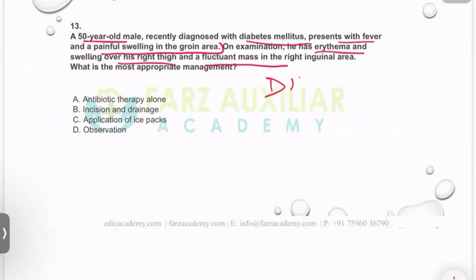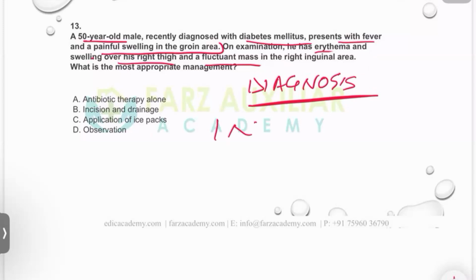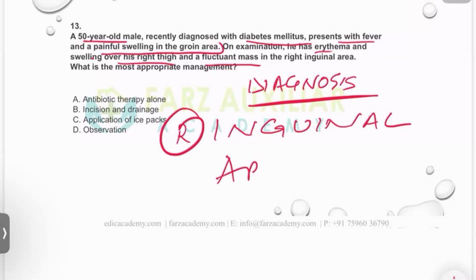So what is the diagnosis? Abscess, incision and drainage. Wonderful. So take the full name of this abscess: right inguinal abscess.